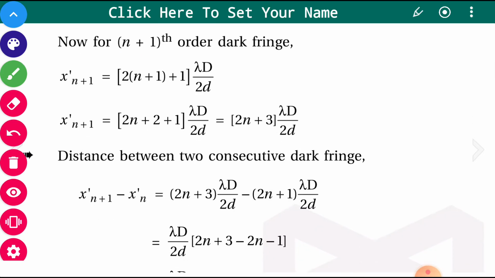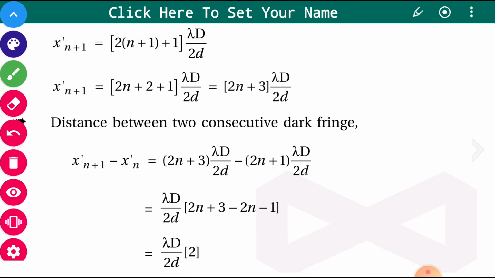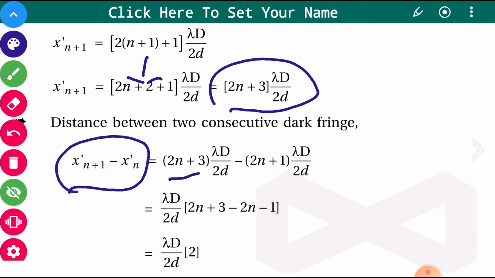Now if you take the difference xn plus 1 prime minus xn prime, this can be easily simplified. It becomes 2n plus 2 plus 1, so 2n plus 3 lambda capital D upon 2d.